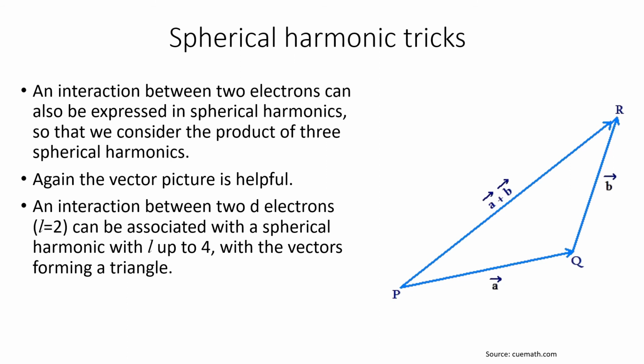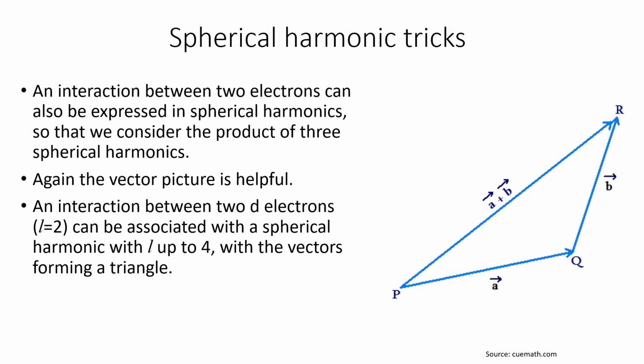Equally, we could get a length 2, for example if the vectors are in the shape of an equilateral triangle. Or the vectors could completely oppose each other, and the sum would be 0. So this sum of vectors is quite a useful analogy for looking at these interactions between electron states.